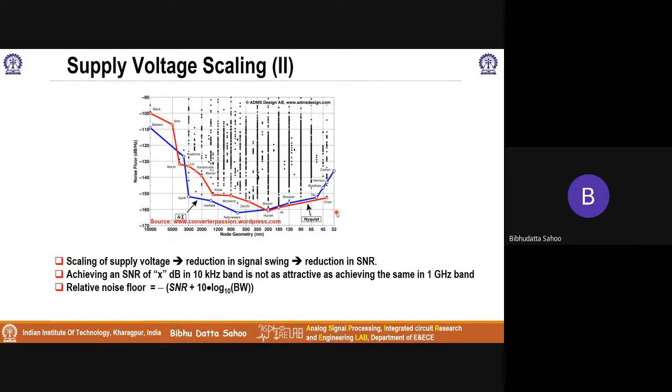So if you just increase the current, the amount of random variation will reduce because the number of carriers is large. That way you can think of it. And therefore, in order to reduce the noise floor, you have to burn more and more current, or your power consumption increases. So relative noise floor is given as SNR plus 10 log of bandwidth. This is a simple expression which has been used to get this plot.